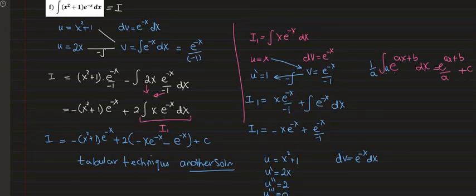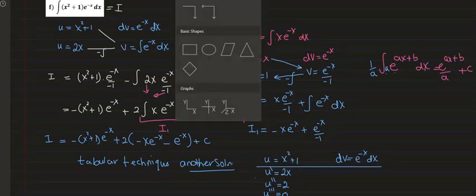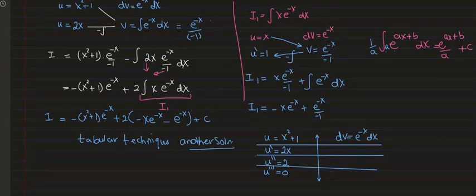And then we should set here a table. So let's have a table-like form. Okay. And then we need to integrate the dv as much as we differentiated the u. So the v here is going to be e to the power of negative x divided by negative 1, right? And then the integration of the v is going to be e to the power of negative x divided by negative 1, another integral, so we will divide by negative 1 again.